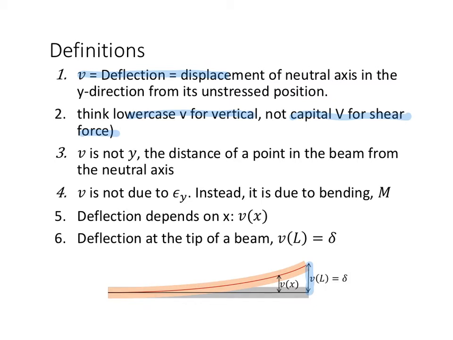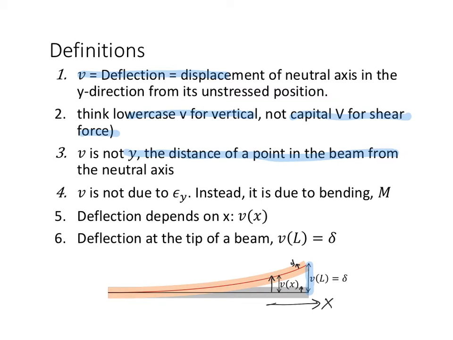Don't get this confused with y, which is the distance of the point of the beam from the neutral axis. So here inside the beam, this indicates the distance y, whether you're down here or down here. But v is this distance here that's the point of deflection. And in general, the deflection depends on the position x along the beam.